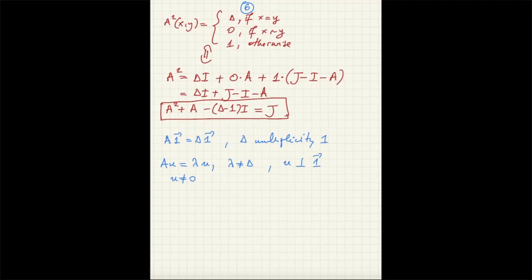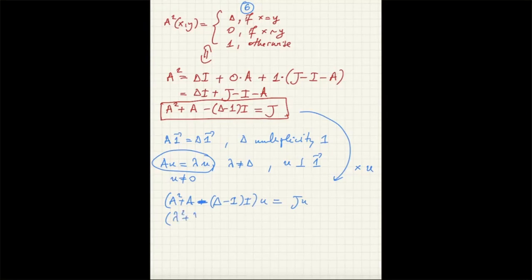Well, we combine this fact with the equation above. From the equation above, we multiply both sides by U, and we get that (A squared plus A minus delta minus 1 times identity) times U equals J times U. Now, from here, we get that (lambda squared plus lambda minus delta minus 1) times U equals, and here we use the fact that U is perpendicular to the all-one vector, and that gives us a 0 vector here.